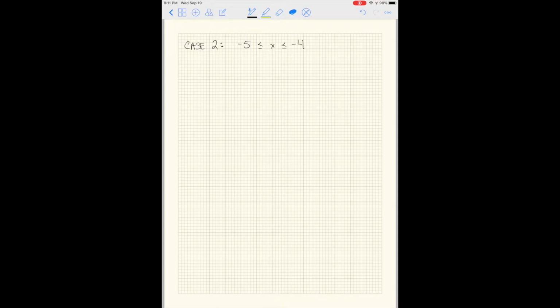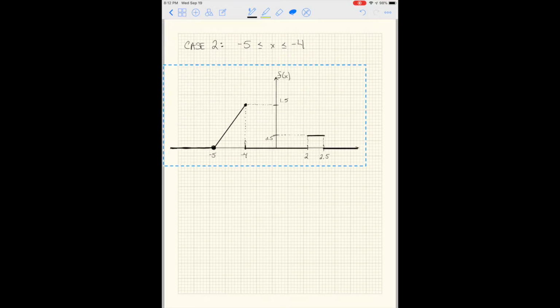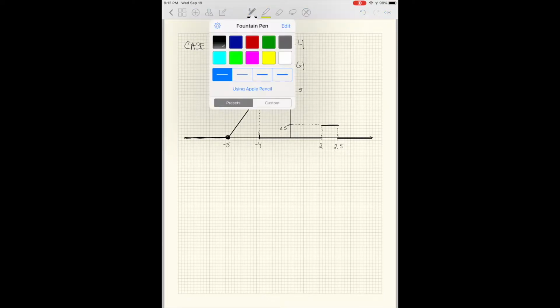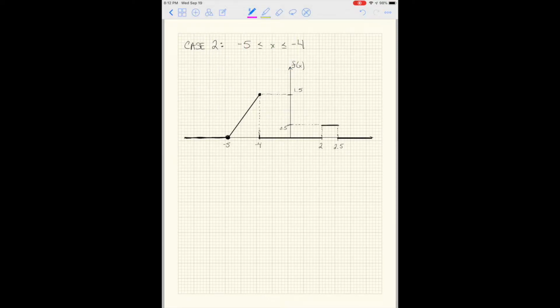All right, so if I were to look at the graph for this case, I'll put that back in. And now consider where we live in this particular case. I'm going to pick an arbitrary x, where in this case x is between -5 and -4.